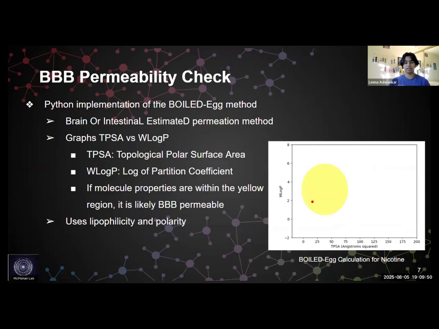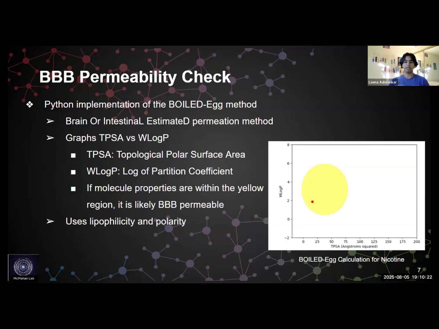This image is taken from an example they used of the nicotine molecule passing through the blood-brain barrier. The yellow circle represents the values that can go through the blood-brain barrier, while the white part is the rest that cannot. Likely what would happen is it would either get absorbed in the pathway there, or just remain in the brain without passing the blood-brain barrier.